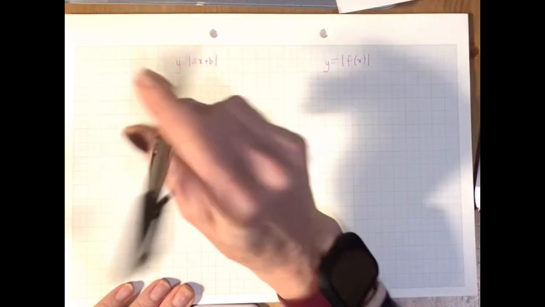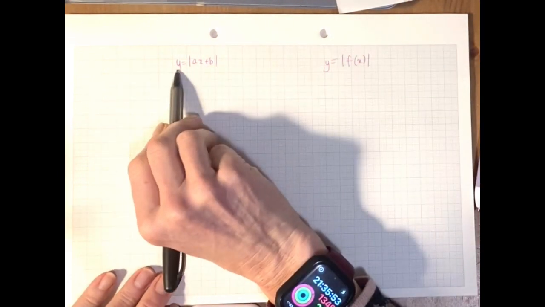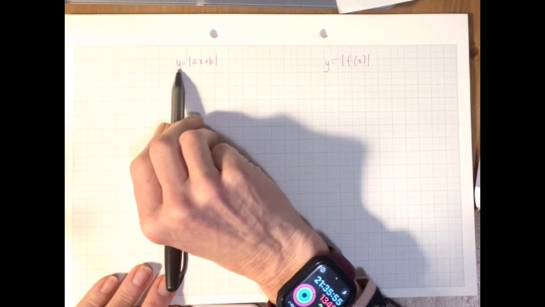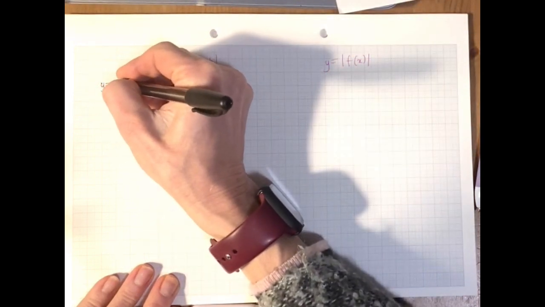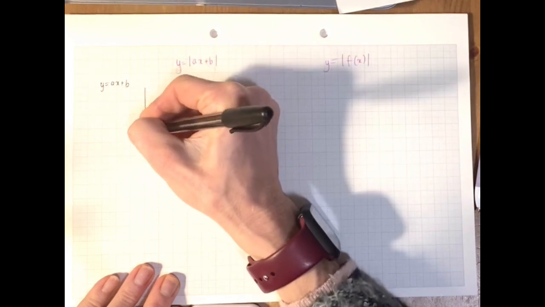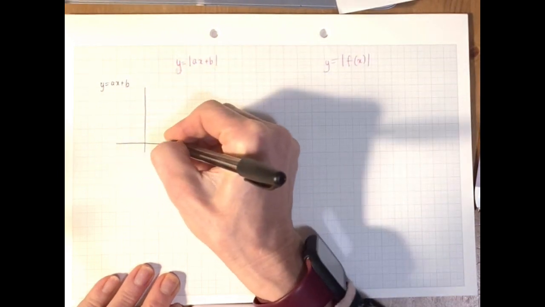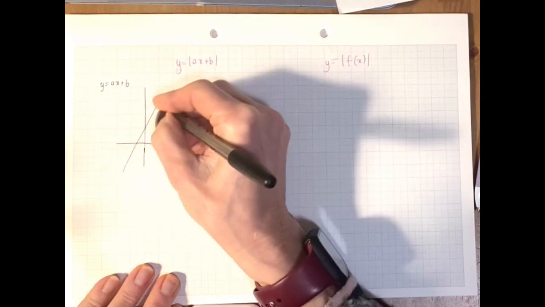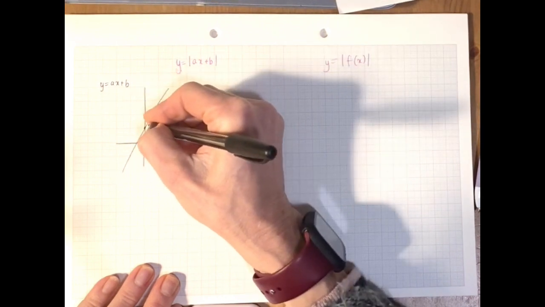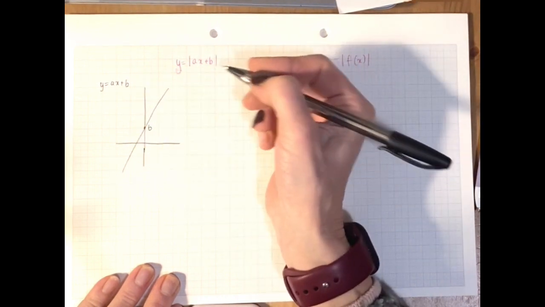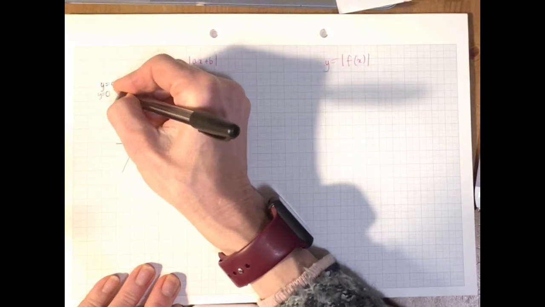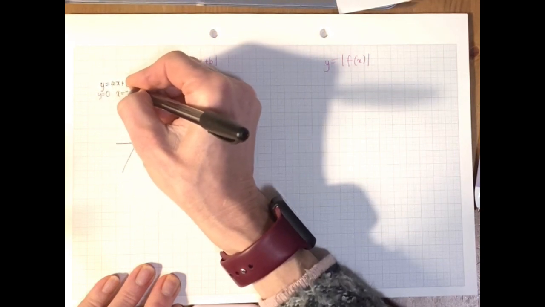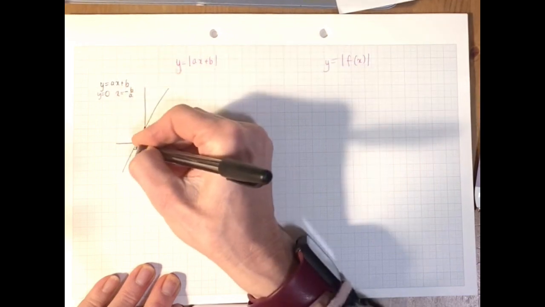To begin with, when you sketch this, you're going to sketch a straight line, y equals ax plus b, and that straight line, let's imagine it looks like this. It's a general line. The intercept with the y-axis is b, and when y is equal to 0, x is going to be equal to minus b over a.